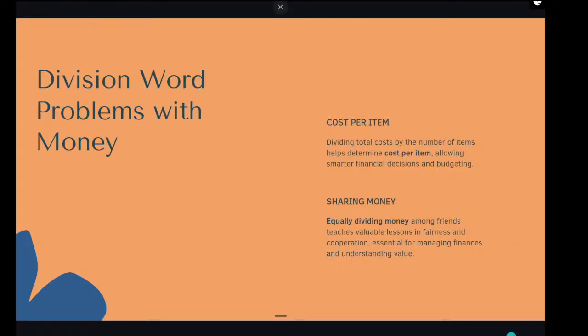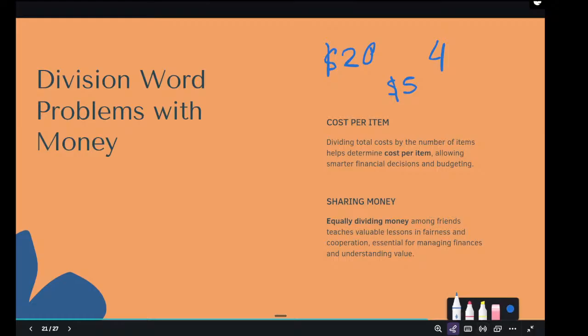So if you have like a $20 bill that you spent and you bought 4 items, then you can easily see that it's $5 per item, which can give you more of an insight of how much you are spending on any type of shopping, and you can make more informed financial decisions based off of it.